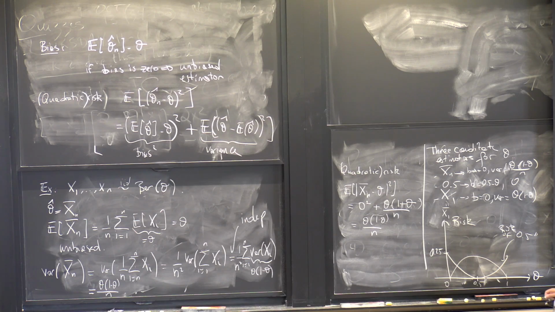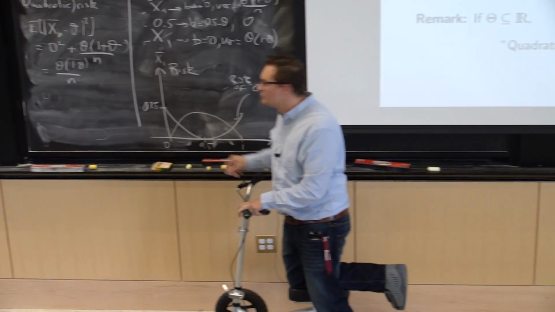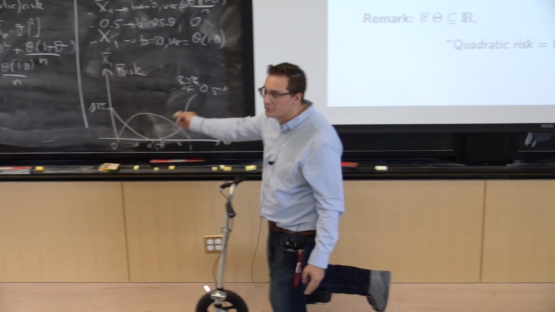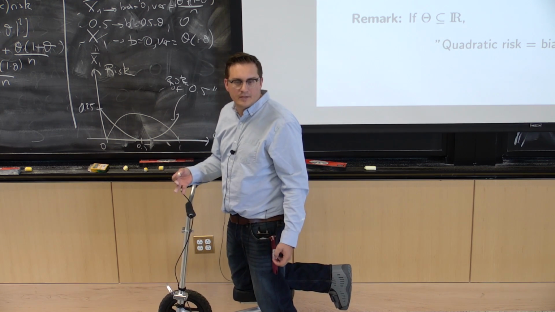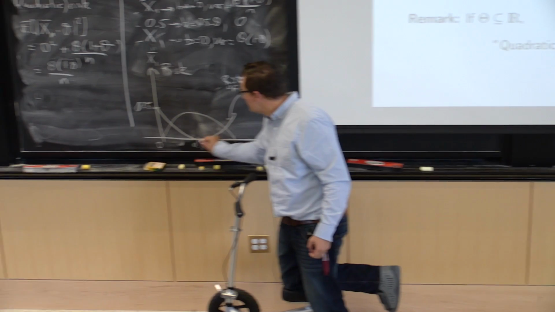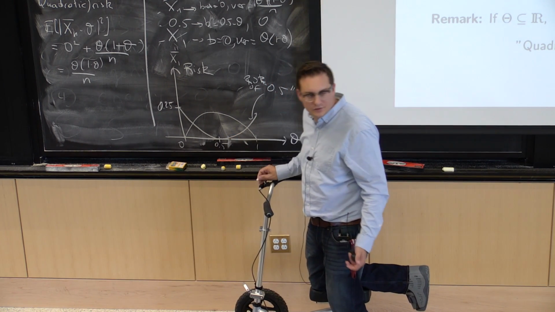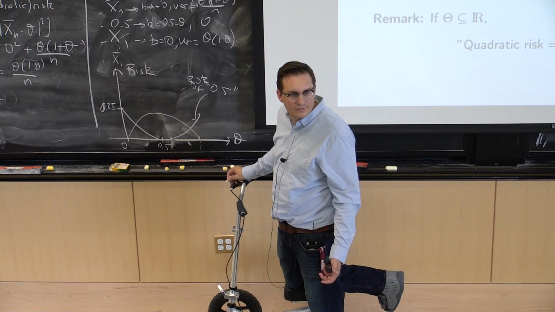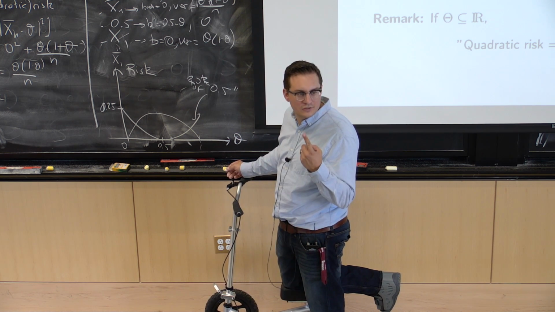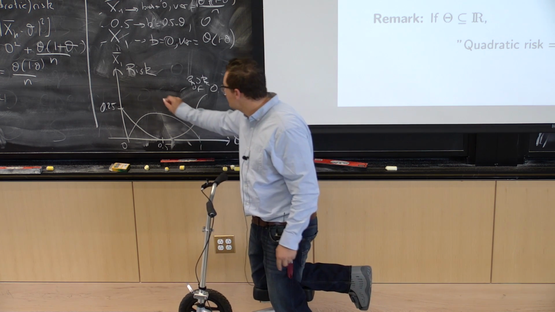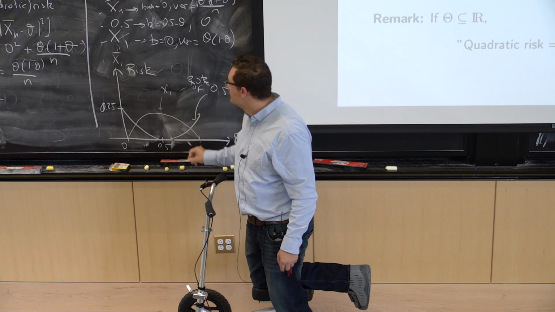All right, so now I have this picture, and I know I'm going up to 0.25, and there's a place where those curves cross. So if you're talking about a presidential election, you know that those things are going to be really close. Maybe you're actually better off predicting 0.5 if you know it's not going to go too far. But that's for one observation. So that's the risk of x1.